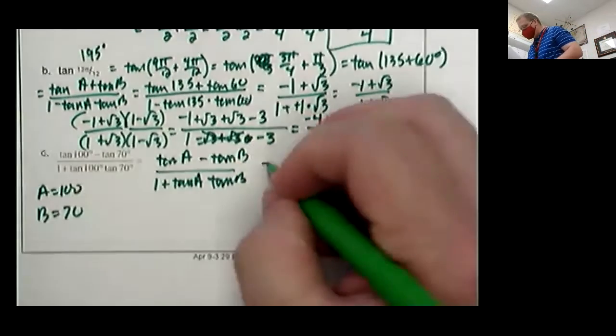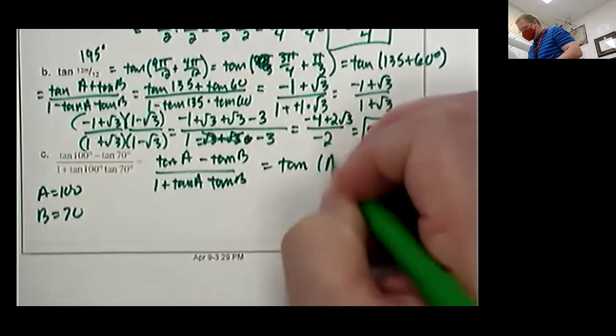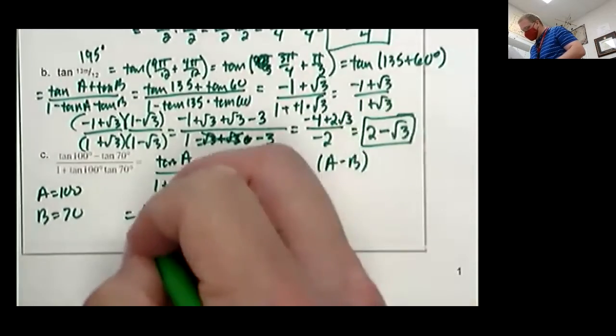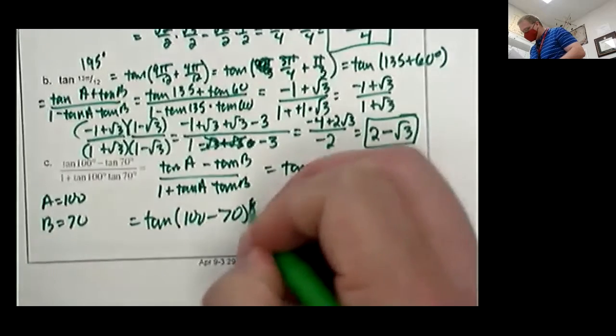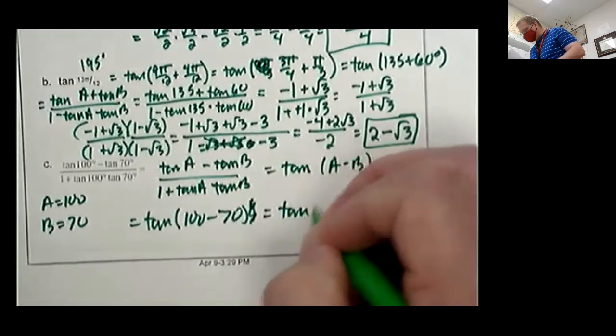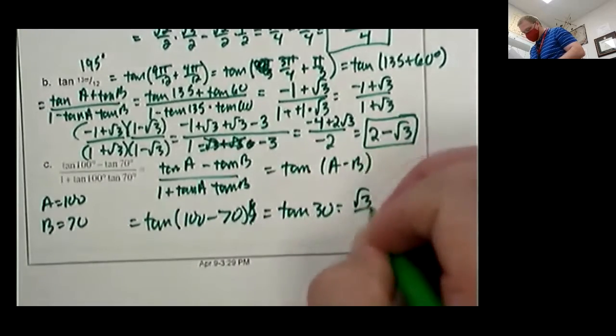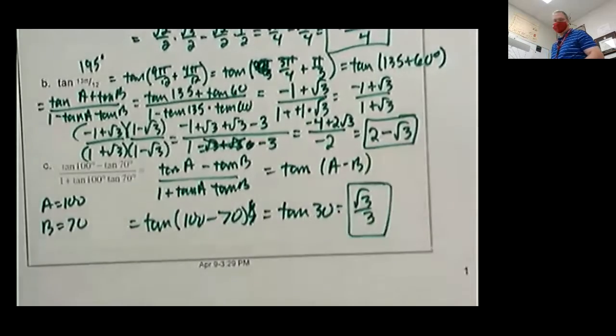And therefore, this has to be tangent of A minus B. Well, that's tangent of 100 minus 70, which is tangent of 30, which is √3 over 3. So we can go backwards as well, just like we did with cosine from the last lesson.